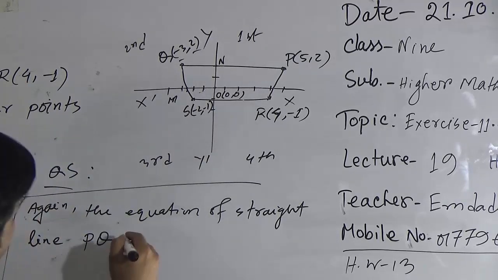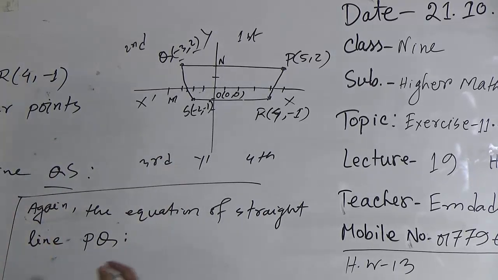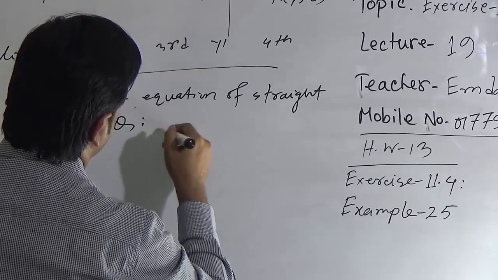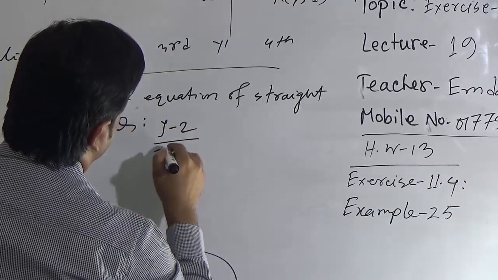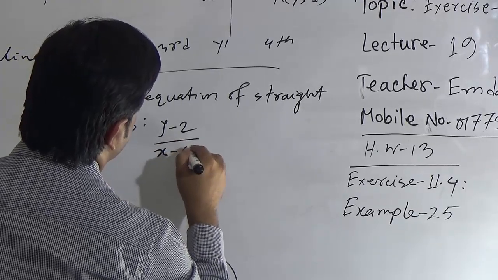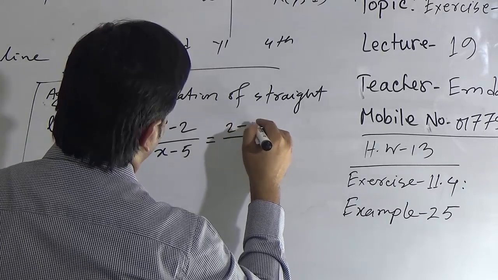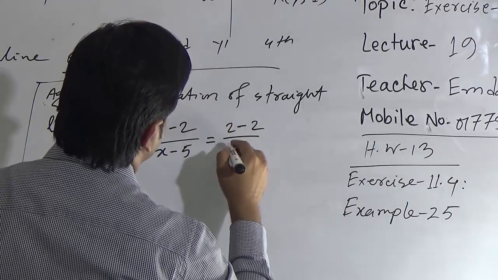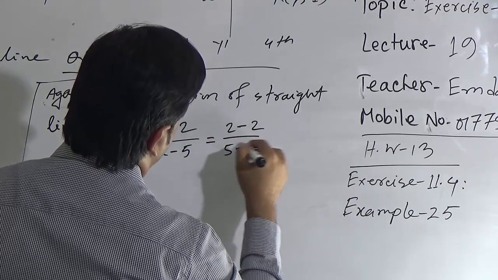We can use the same formula, that is (y minus y1) by (x minus x1) equal to (y1 minus y2) by (x1 minus x2).